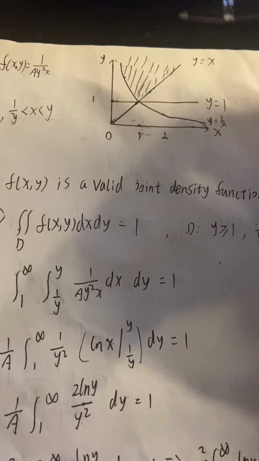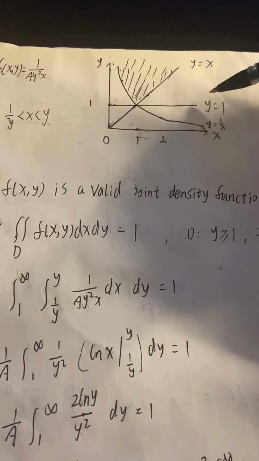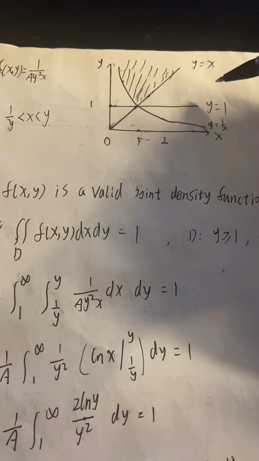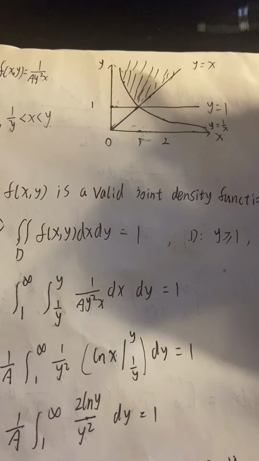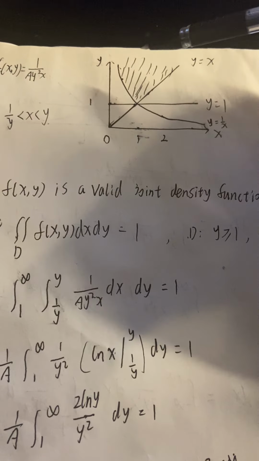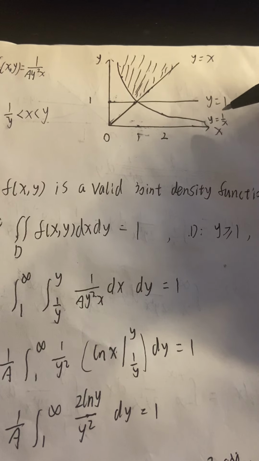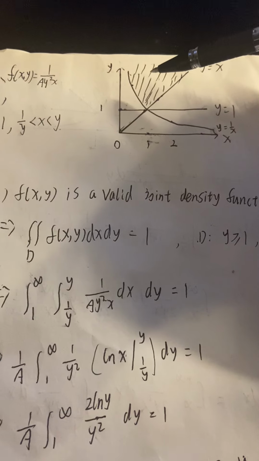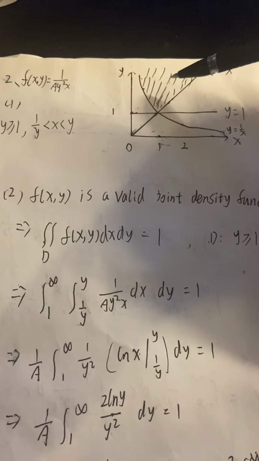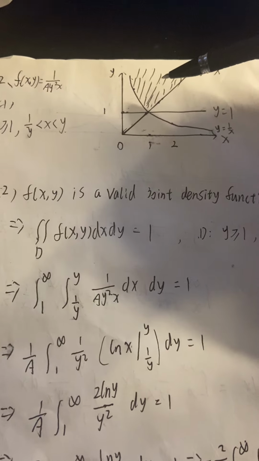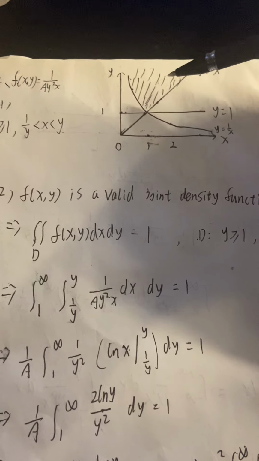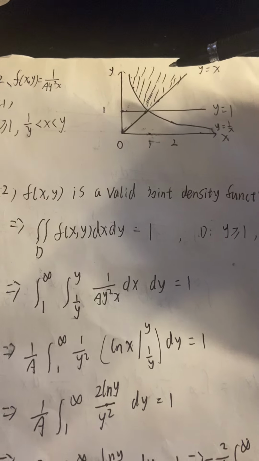So we can draw the line y is equal to 1 and the line y is equal to x and y is equal to 1 over x. So the shaded area would be the non-zero definition region of f of xy.